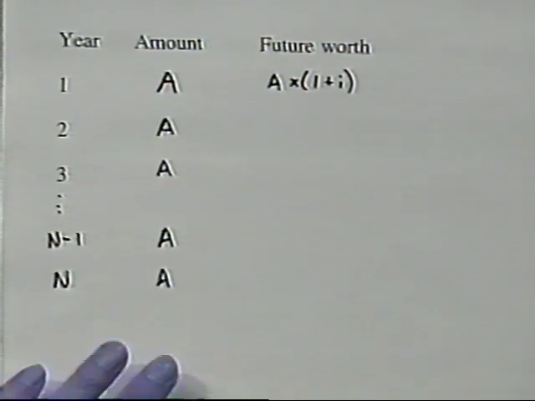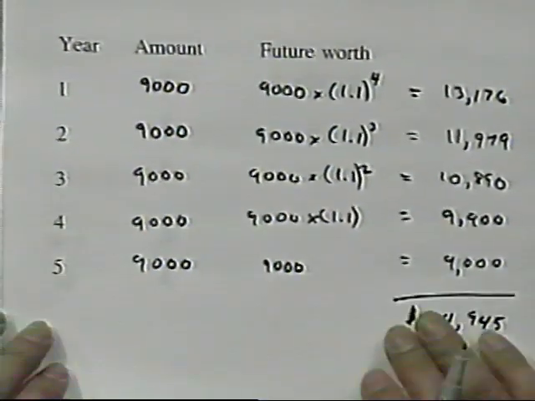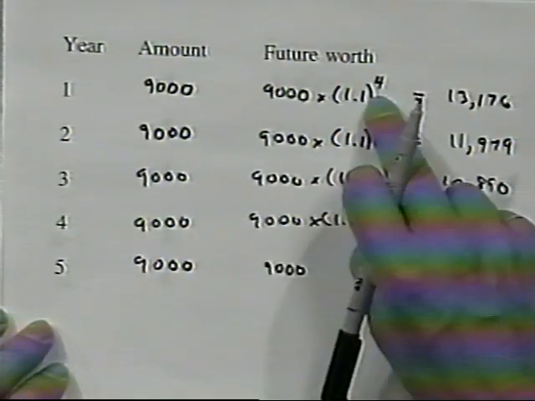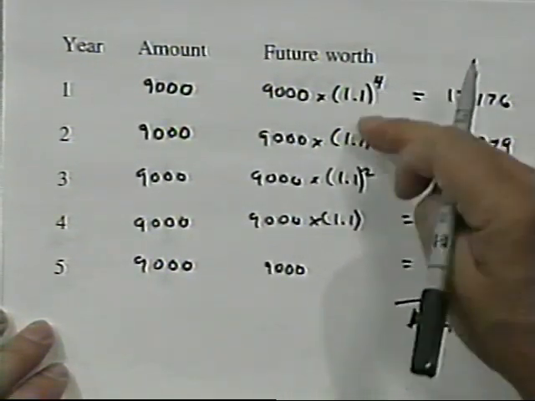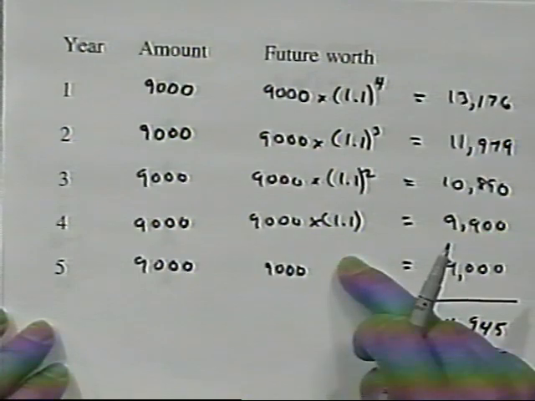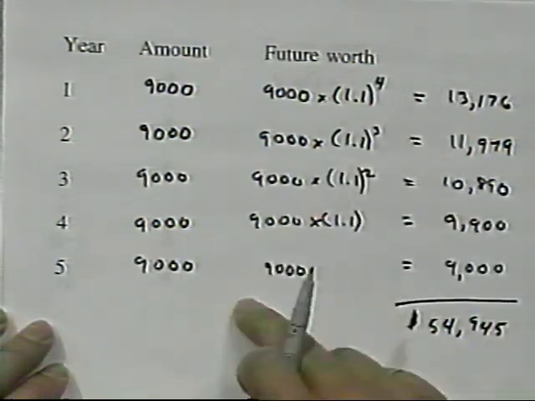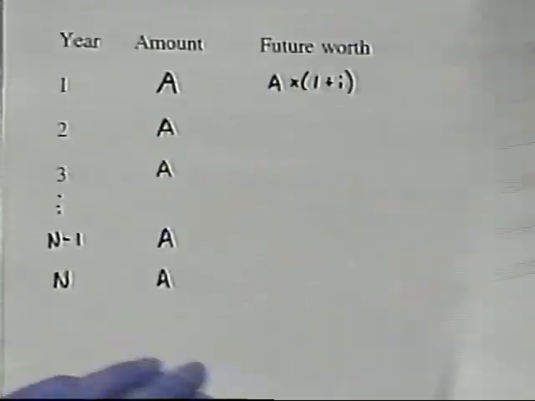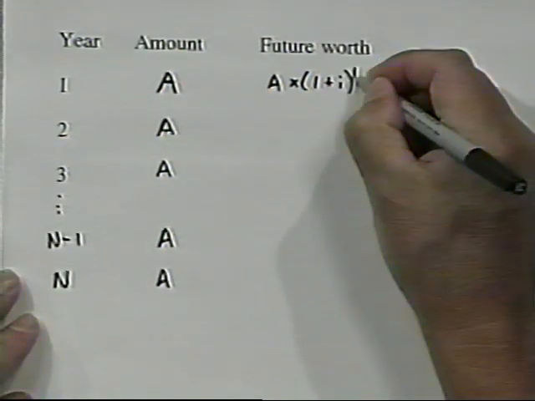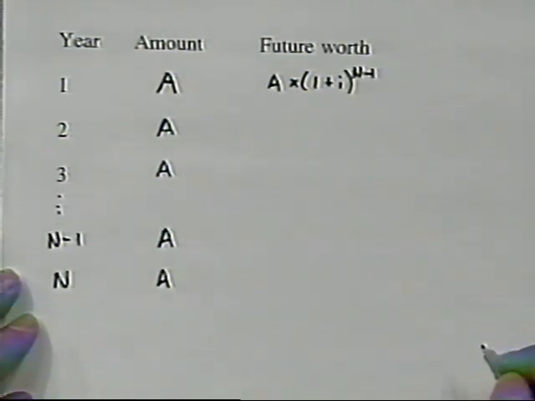Well, just as in our trial and error example, this 4 was how many years left at the end of the first year, because we're looking to save for 5 years, it is the total number of years minus 1. That's what this exponent here is. It's capital N minus 1.